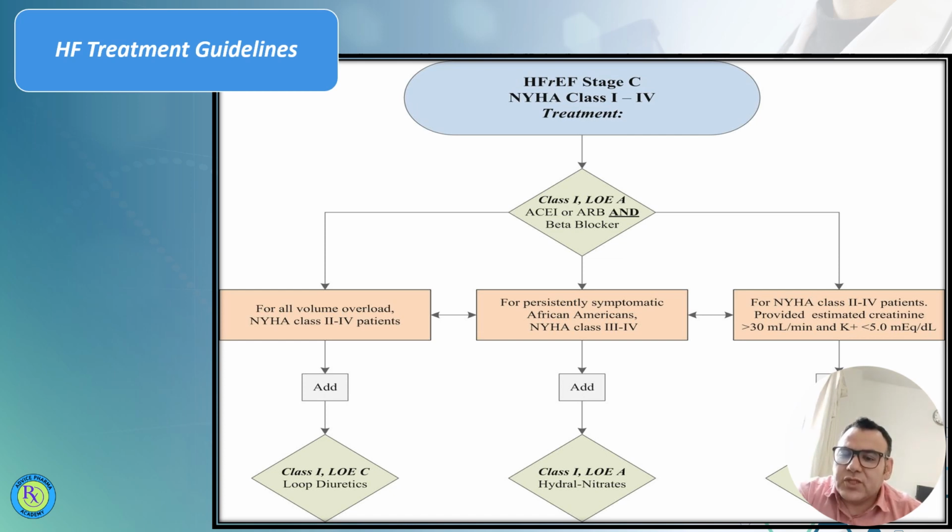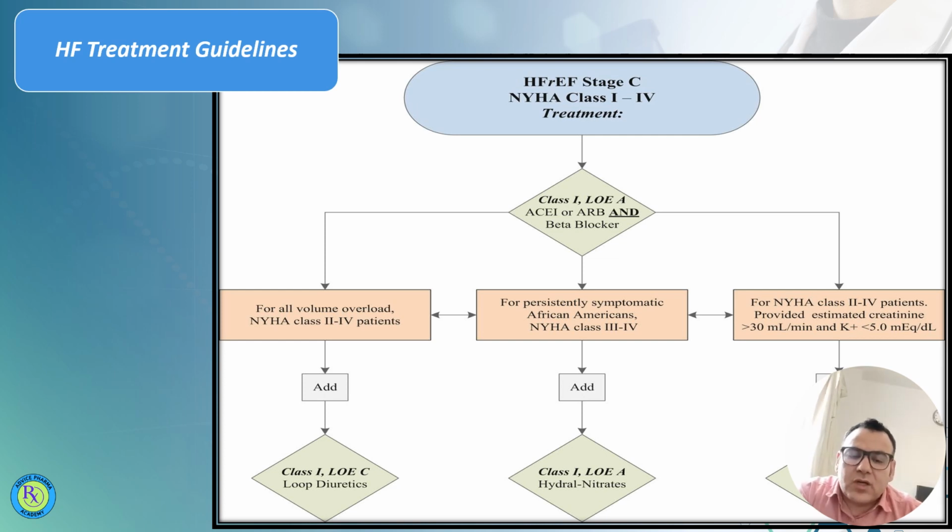Then for all patients with volume overload who are NYHA class 2 to 4, at this stage we need to add loop diuretics like furosemide. For a persistently symptomatic African American, where the patient is still using ACE or ARB plus beta blocker, he is African American but still symptomatic, the best option is to add hydralazine nitrate.